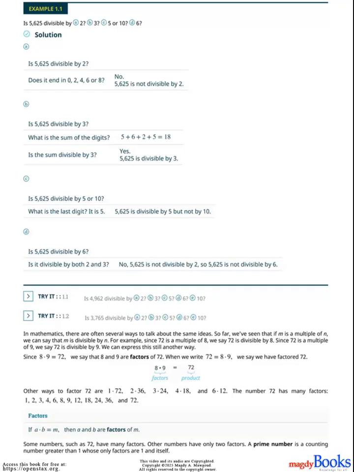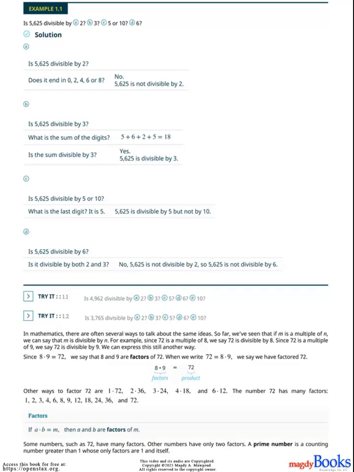In mathematics, there are often several ways to talk about the same ideas. So far, we've seen that if m is a multiple of n, we can say that m is divisible by n. For example, since 72 is a multiple of 8, we say 72 is divisible by 8. Since 72 is a multiple of 9, we say 72 is divisible by 9.